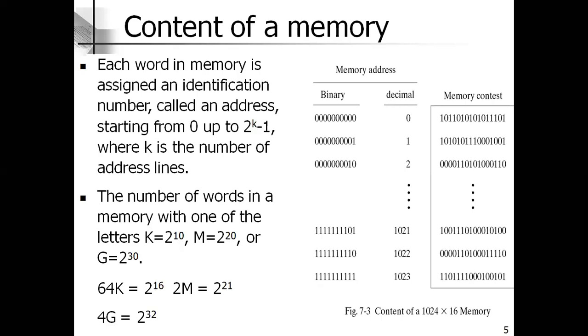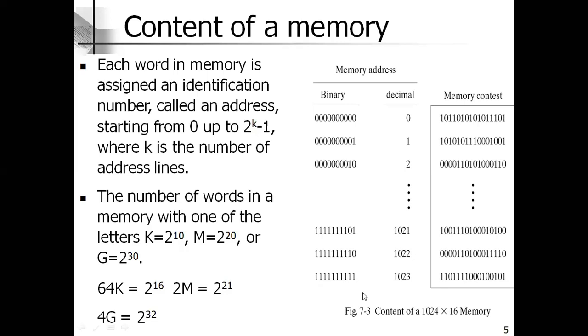Here we have to take the addresses as 2 power k minus 1. The k value is nothing but 10. So 2 power 10 is nothing but 1024 minus 1, that is 1023.